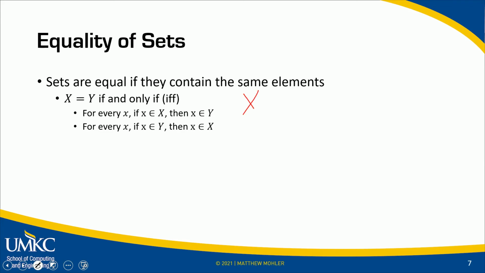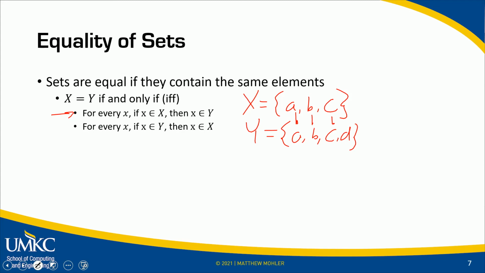So if we have a set X that we say is equal to A, B, and C, and a set Y that is just equal to A, B, C, and D, well, in this case, we can look at X and say that there is an A, a B, and a C in Y. So it's equal in this first direction.